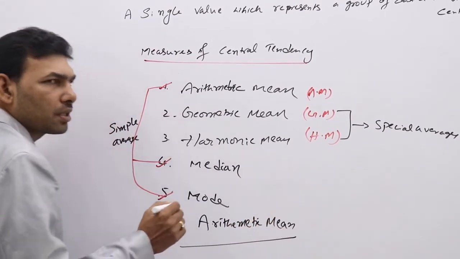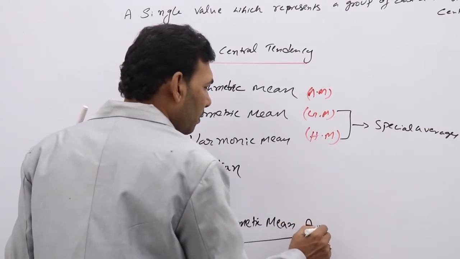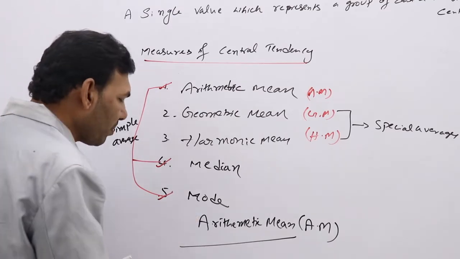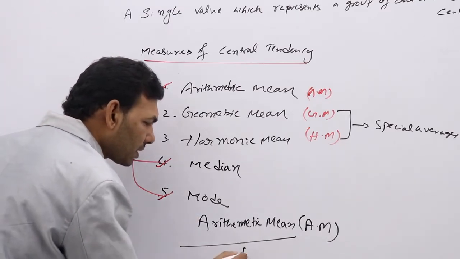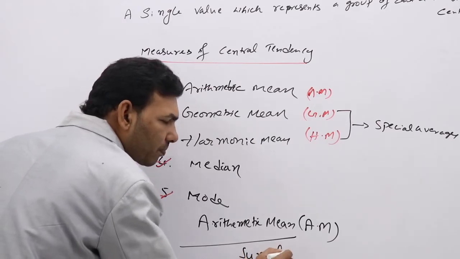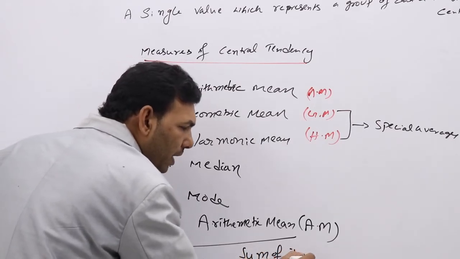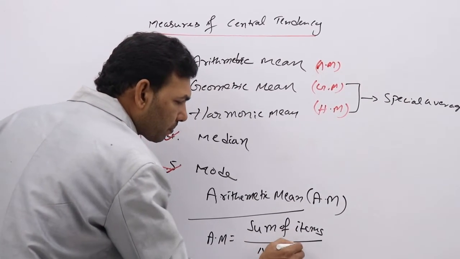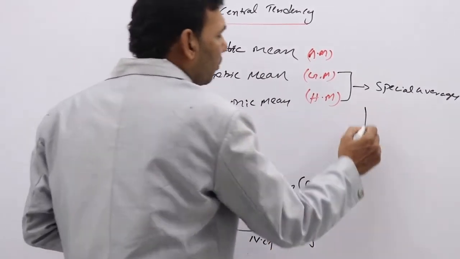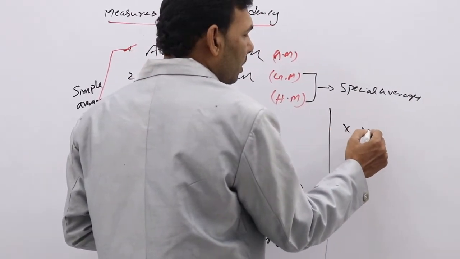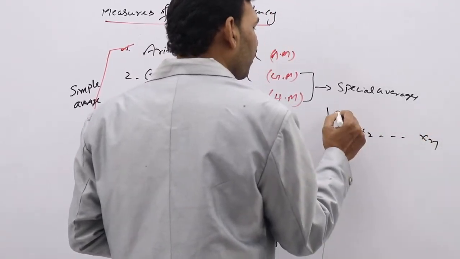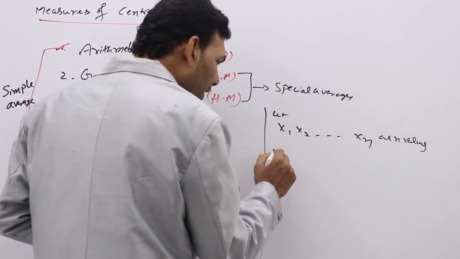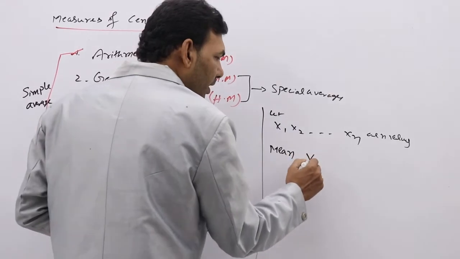Arithmetic mean, very simply, is the sum of items divided by the number of items. If you have values x1, x2, and so on up to xn, n values, then the mean, arithmetic mean, is represented by x bar.